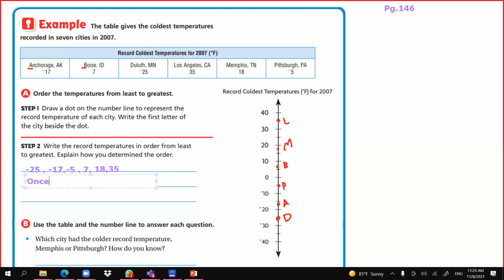She asked you number 1, draw a dot. Because if you have 7, you say, where's 7? This is 0, this is 10, this is 5. 7 will be in this point.